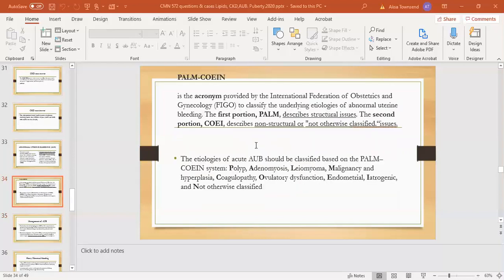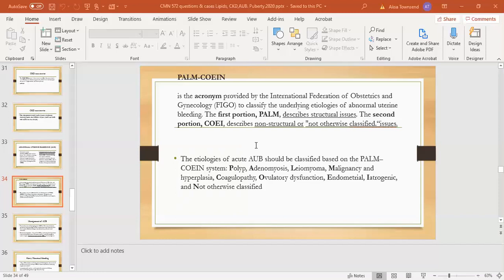Okay, and now the PALM-COEIN is the acronym provided by the International Federation of Gynecology and Obstetrics. The first portion, the PALM, describes the structural issues, and the second portion describes non-structural.